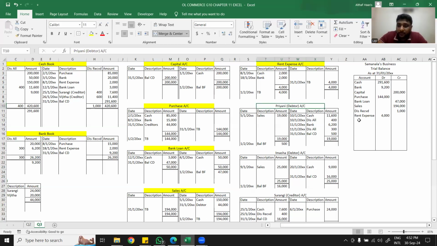Assets, debit side. 500. Then Imasha, 16,000.